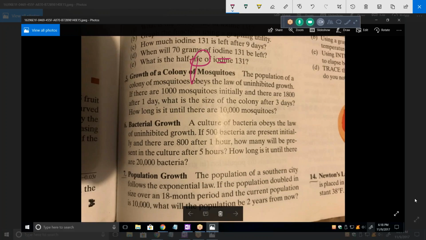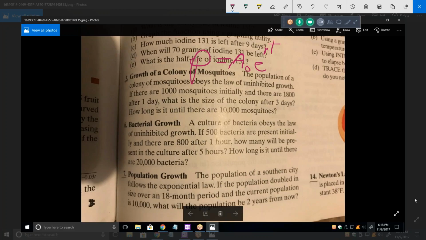Number 7. In other words, this equation is always the same. Let's just start with the general: A sub 0, meaning the initial, times e to the rt.